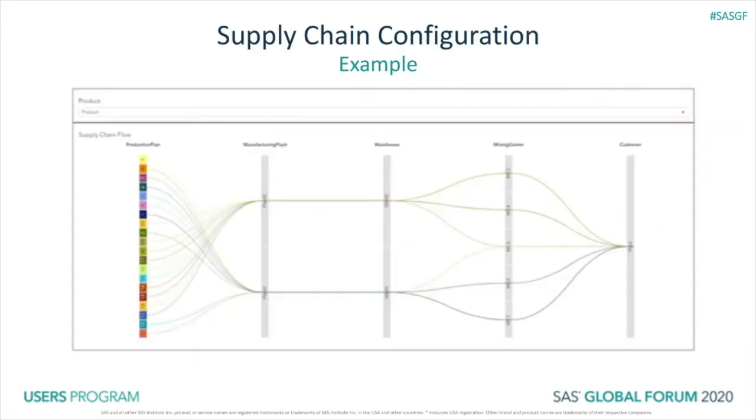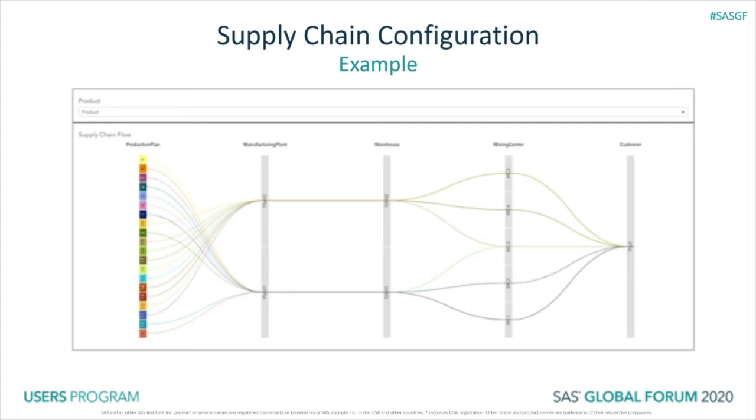And here's a simple example that I will be using. While we can have any number of manufacturing plants, warehouses, mixing centers, and products in our supply chain flow, here is an illustration of having two manufacturing plants with 20 different products. We have 10 products associated with each manufacturing plant, 2 warehouses closely located to the manufacturing plants, and then 5 mixing centers.